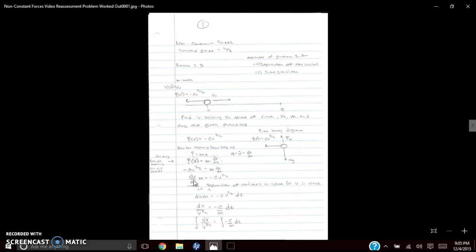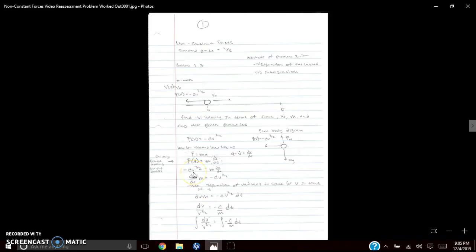Switching the equation around, I have m dv dt is equal to negative c v to the 3/2, which is once again force equals mass times acceleration. Here is where we bring in a differential equations technique, separation of variables, to solve this differential equation.